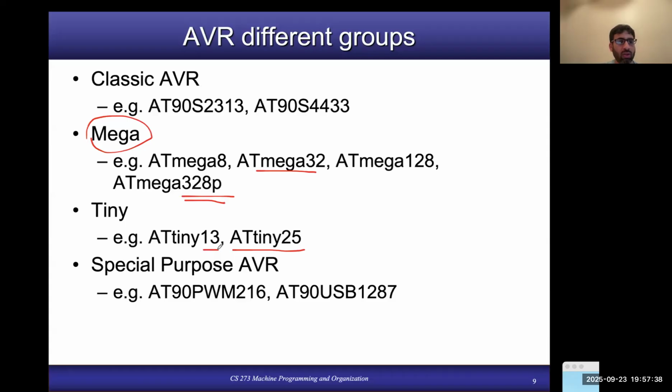But they will not be sufficient for other projects where you want to do more sophisticated things. For example, if you want to communicate with your computer using a USB port, then maybe it will not be possible for these tiny variants, right?